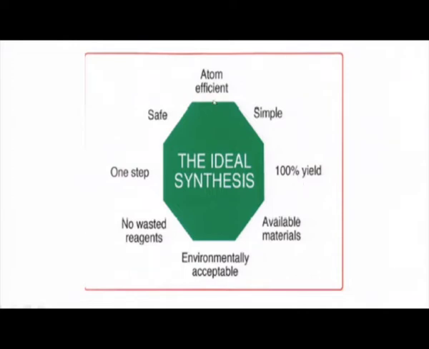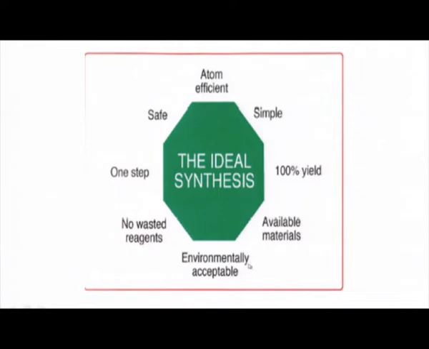That means atom efficiency also 100%, and it should be done with available material, that is the focus of renewable material, and the process should be environmentally acceptable, with no wasted reagent. Especially with atom efficiency and yield 100%, we are not going to get any waste. And it is simple here, a one-step process, A and B addition, that is what it refers to, simple, and ultimately it should be safe. The reagents whatever we are going to add should not release any chemicals or create an accident, that should be safe.